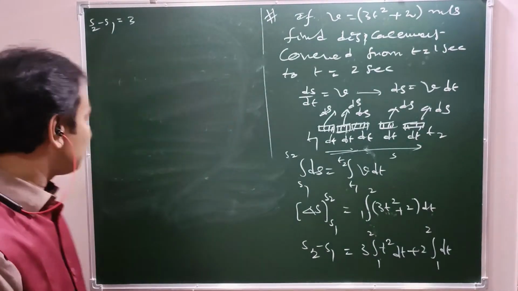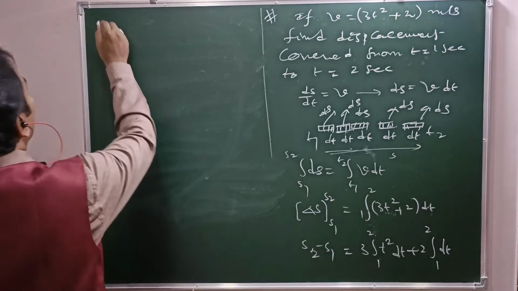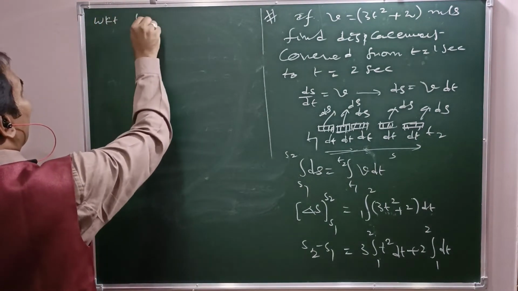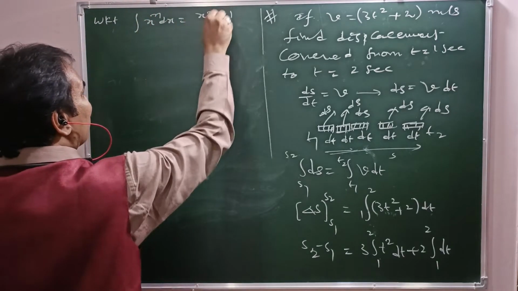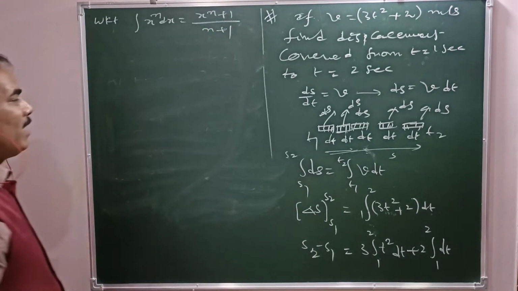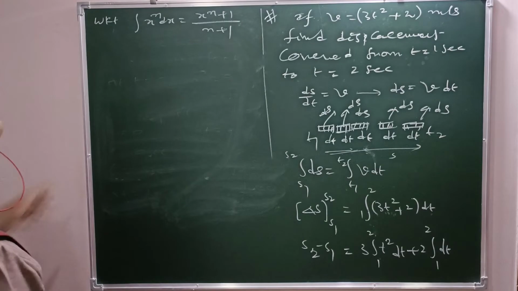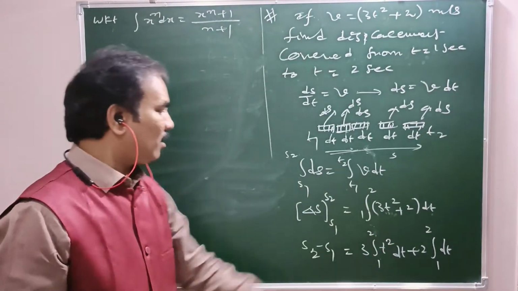How to get it? We have one relation: integral x power n dx equal to x power n plus 1 by n plus 1. So instead of x, we have t here, and instead of n, we have 2 in the first term.